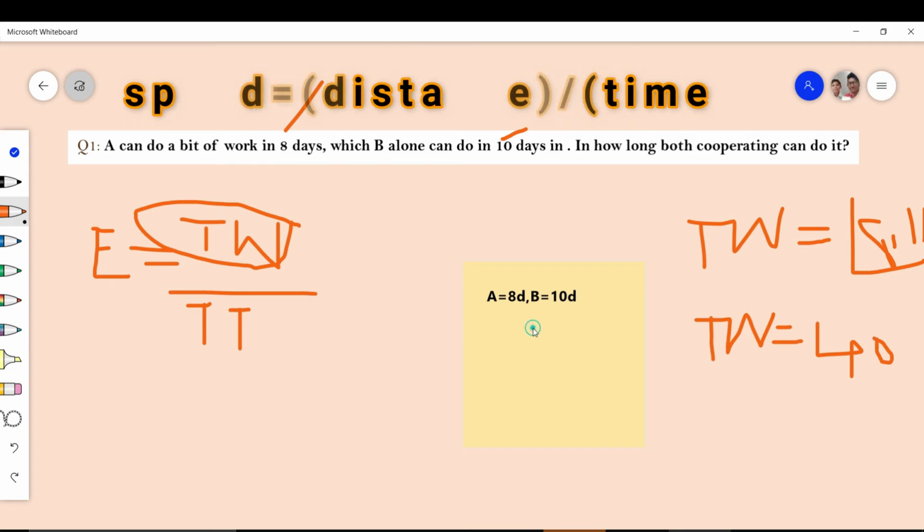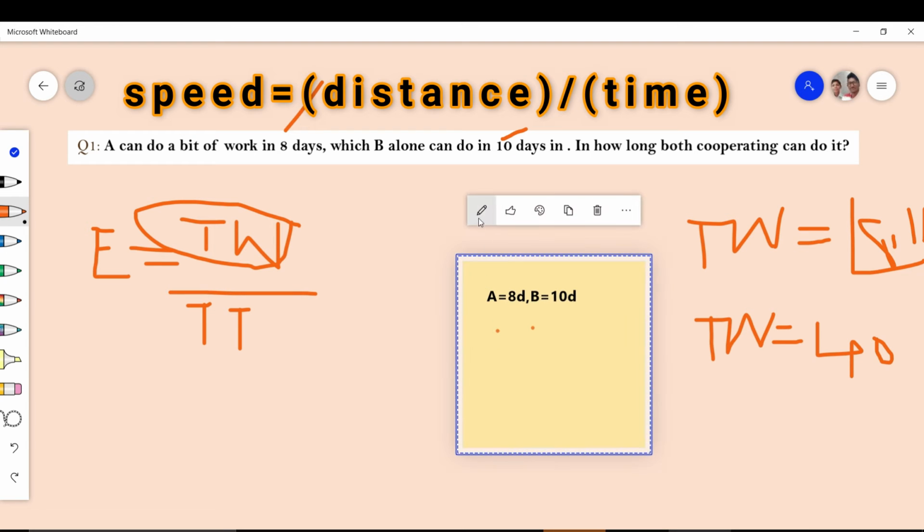So in this case, now we'll find the efficiency, how much work A can do in 1 day. It means total work divided by 8 days. Correct, right?